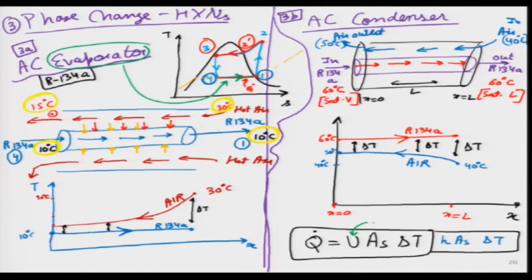And in order to learn the complexity, U is defined as the overall heat transfer coefficient. Overall heat transfer I will abbreviate with HT, and coefficient, COE. So, instead of using this relationship over here, we are going to be using the relationship over here.